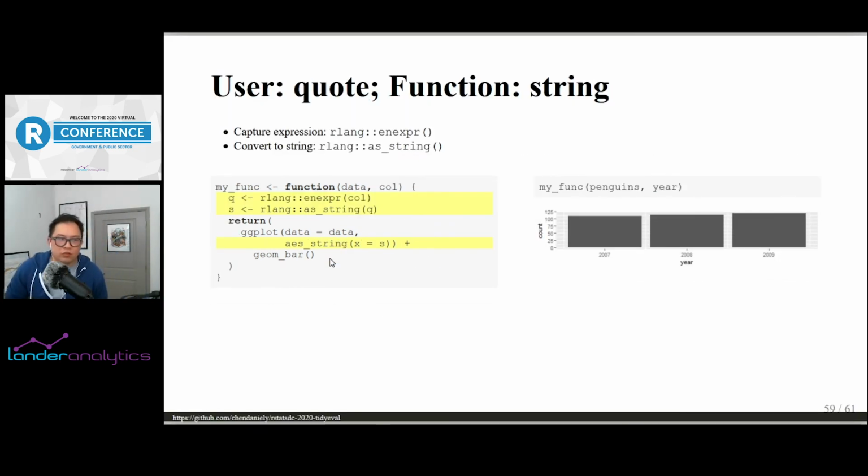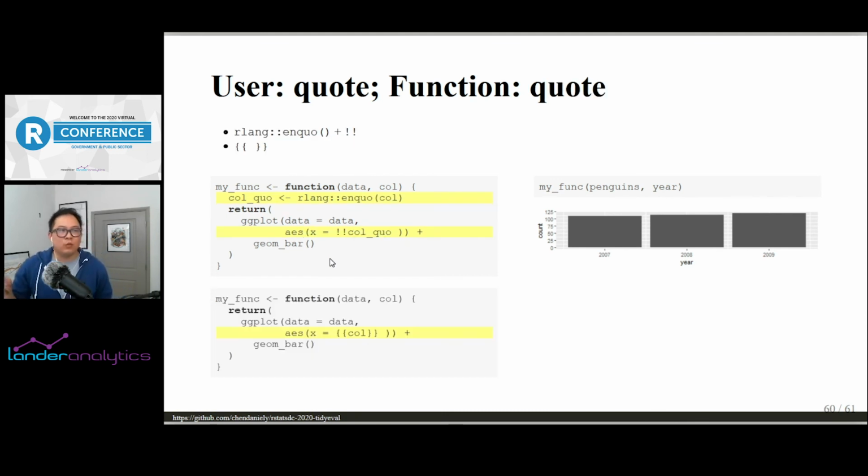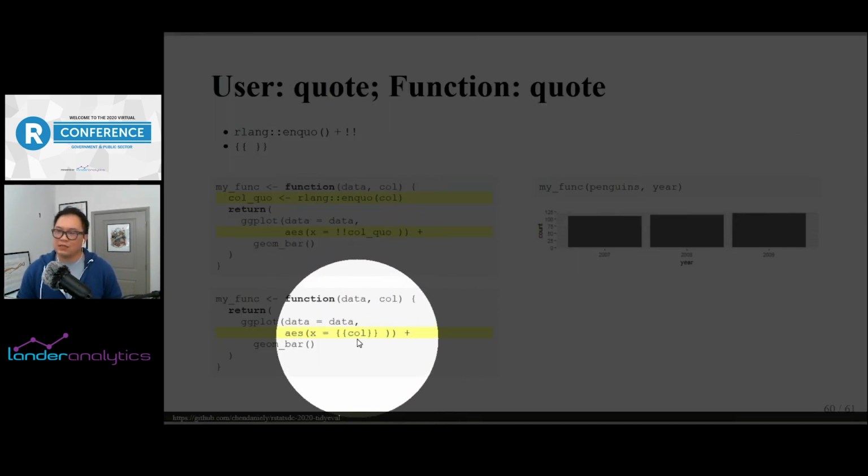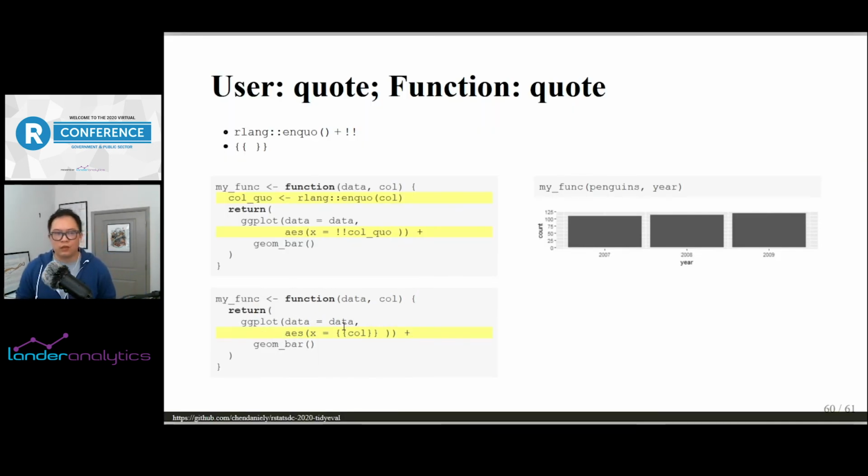If you want the user to pass in a quote, which is essentially without the quotation marks, so the actual code, and then the function itself takes a string, you capture the expression using enexpr, convert it to a string, so there is an rlang as_string, and then you can execute that as is. And then if you want the user to pass in a quote and the function itself also takes a quote, you first have to use enquo to capture the quotation and then unquote it. And that's where you see this curly-curly embrace notation in rlang. It's essentially doing that quoting and unquoting for you.